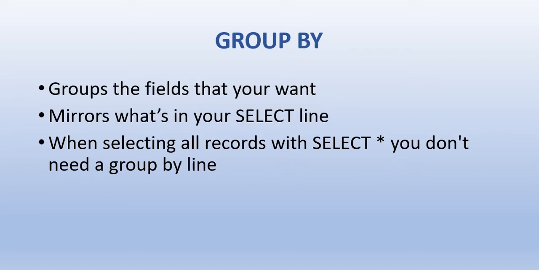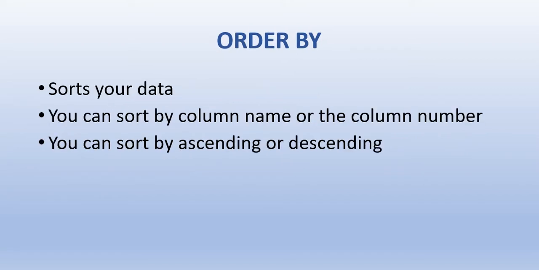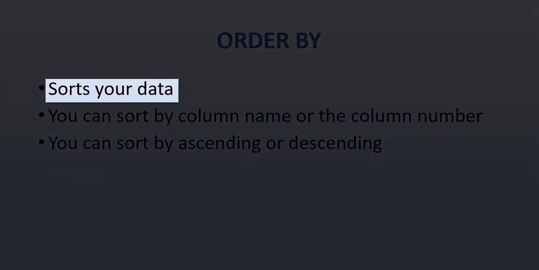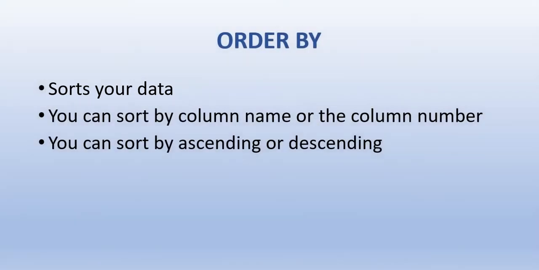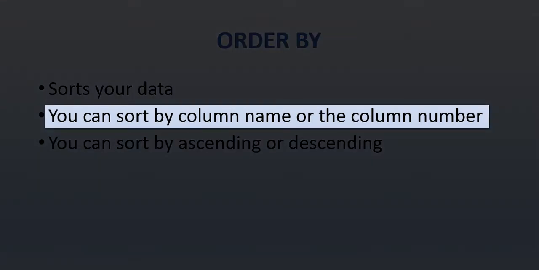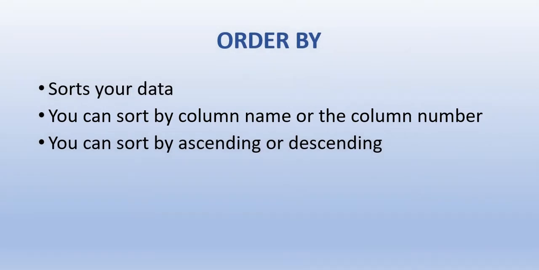Make sense? And then order by, we're going to add this one as well. This is the last line in your query, and this sorts your data. You can either order it by the column name or the column number. In other words, order by employee name, and it's going to sort by employee name.